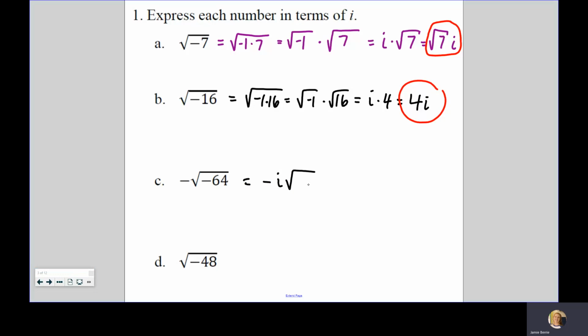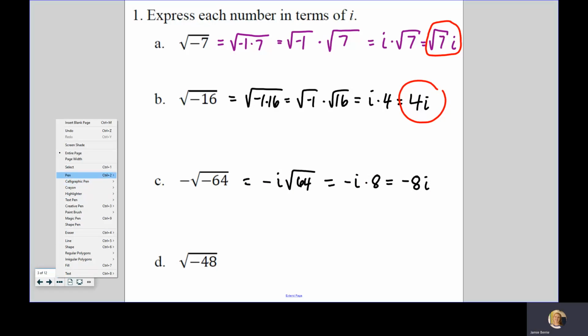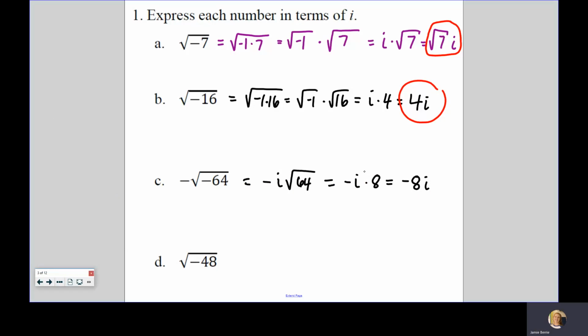That's going to be -i times the square root of 64. We know that the square root of 64, that's a perfect square, so that's 8. So rewriting this in the correct order would be -8i. Again, it's fine to write it in this order, -i times 8. It's just more common that you'll see it written with the i at the end.